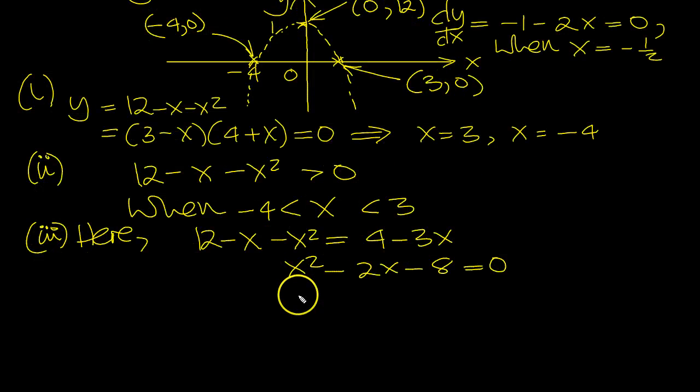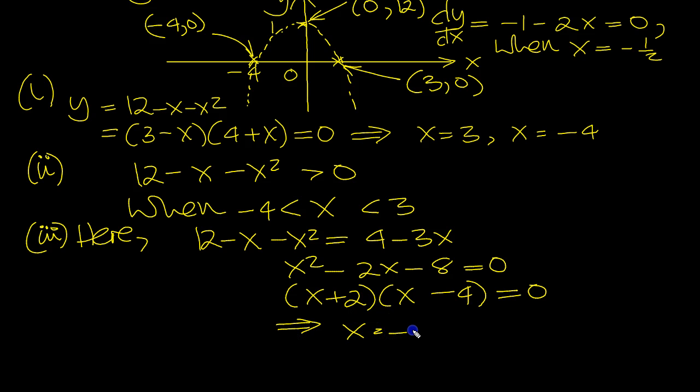So what have we got here then? x, x, 4 2's. This would be minus, this would be plus. Because 0 tells us that x equals minus 2 and x is equal to 4.